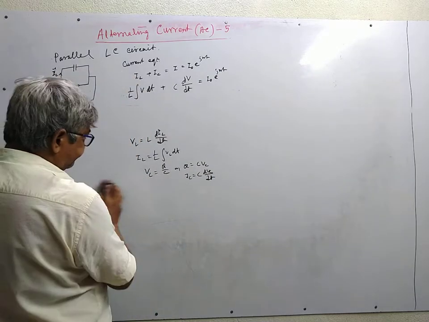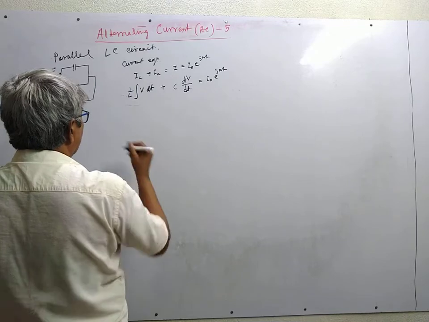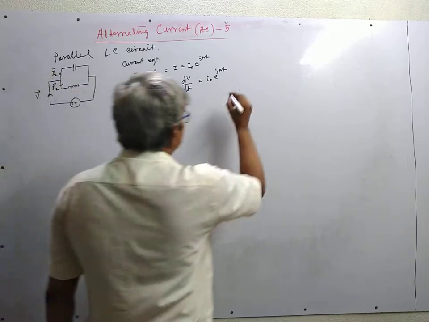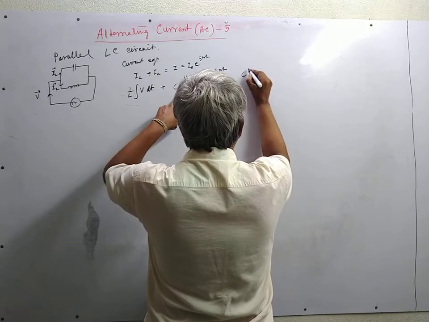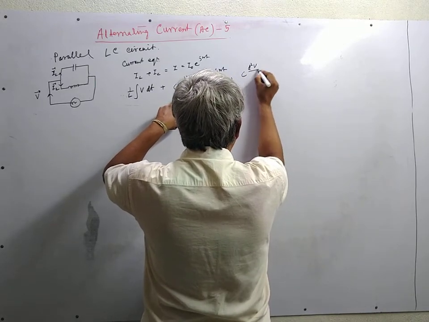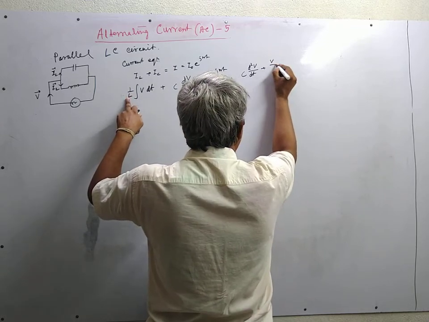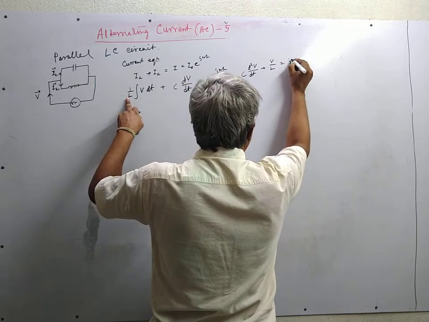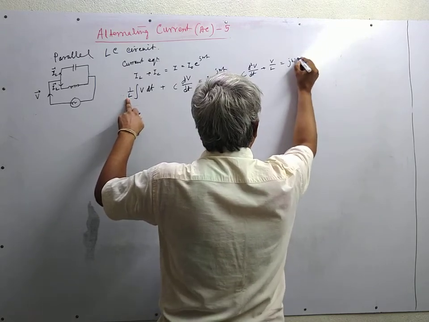Now we differentiate it with respect to time to get this part, which gives you C d2v/dt2. This part gives you V by L is equal to j omega I0.